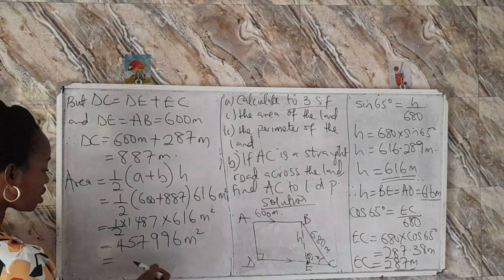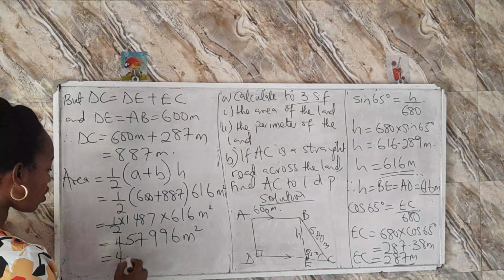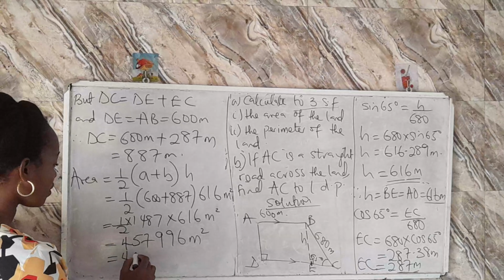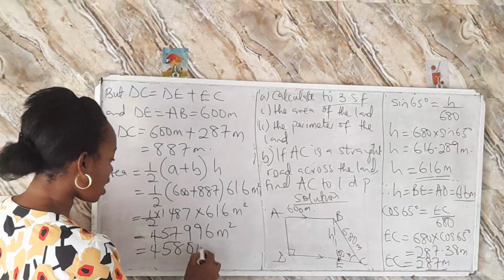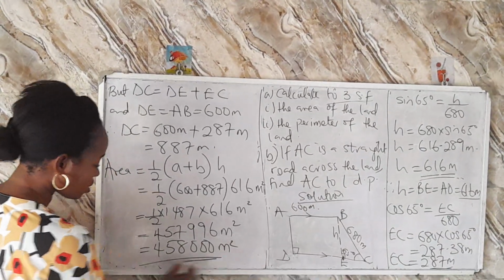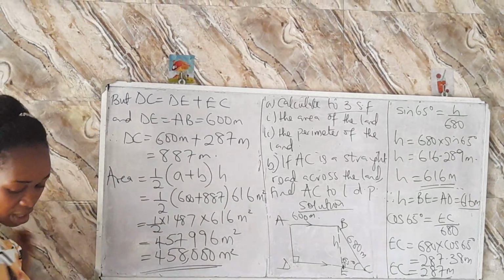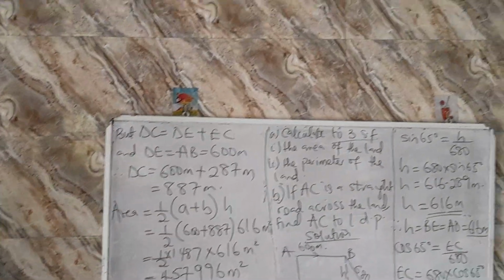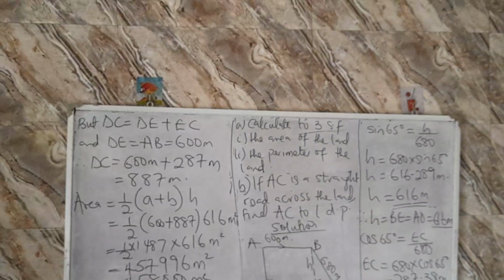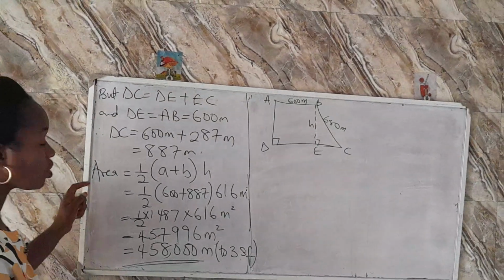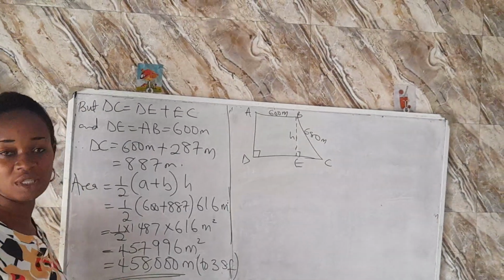So three significant figures will give us 458,000 meters squared. Alright, so we are done. We have found the area to be this.